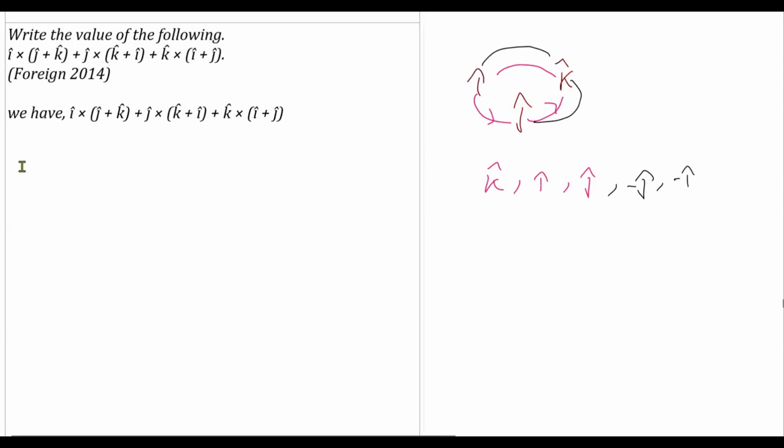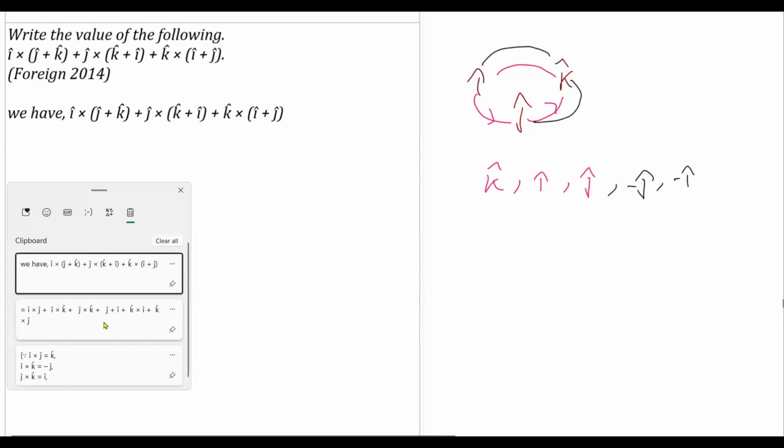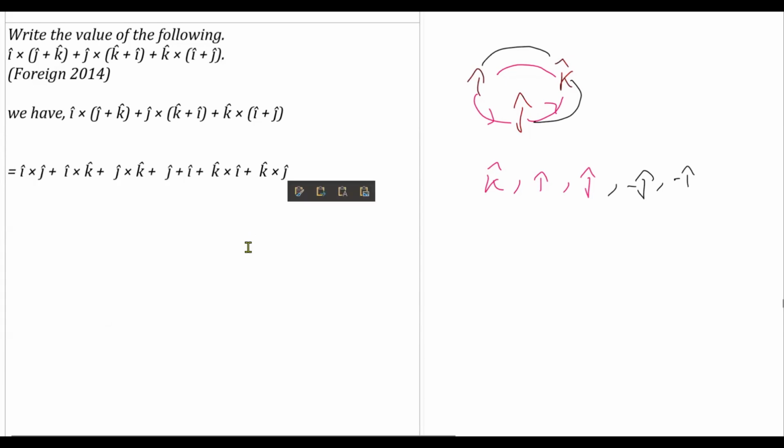And that's what I'm doing in the next step over here. As you can see, I'm writing this. First, I apply the distributive property, and you can figure out this is i cross j plus i cross k plus j cross k plus j cross i and k cross i and k cross j, right? Then let's figure out what we get from this.